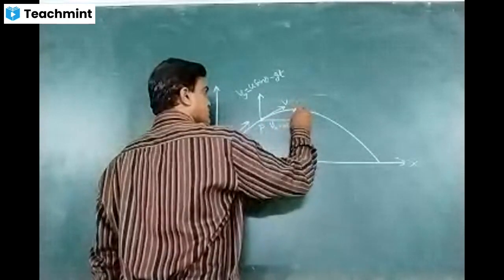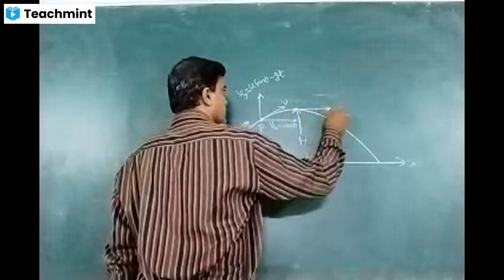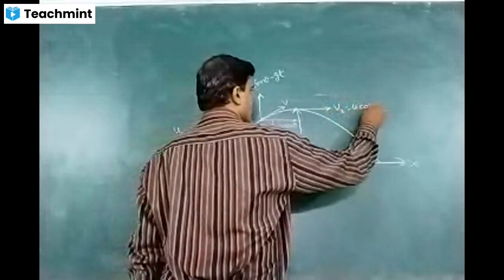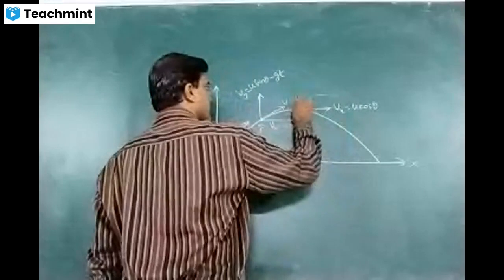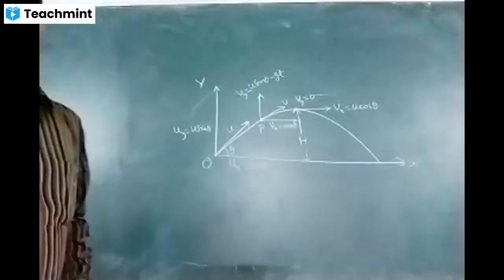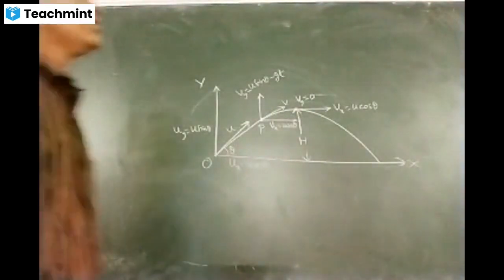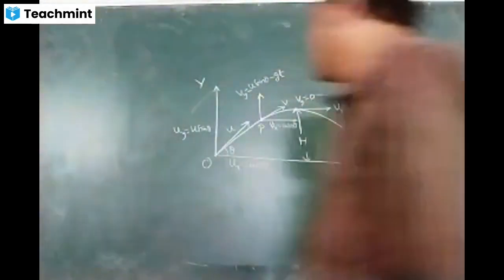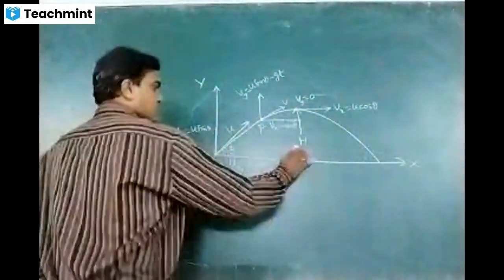At maximum height position, you have only horizontal component of velocity. Vx is equal to u cos theta, whereas vy becomes zero because it is not going further upwards. So this is maximum height.